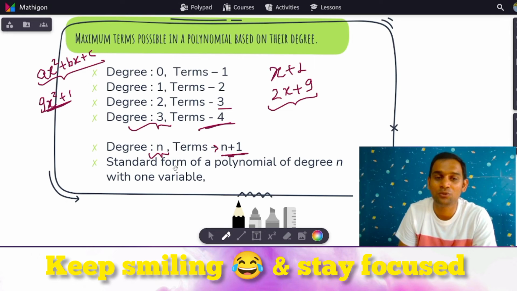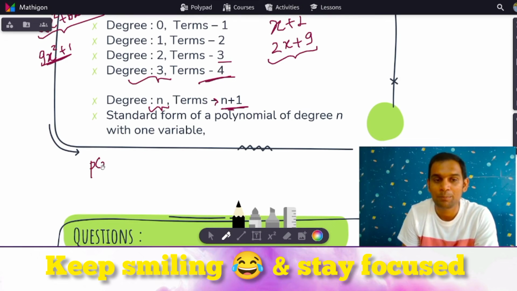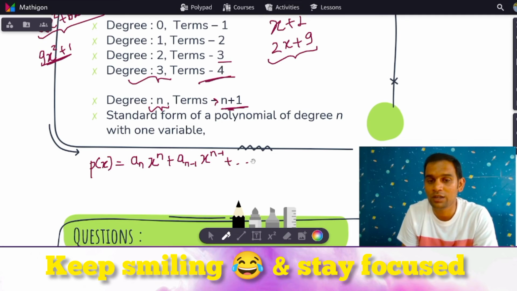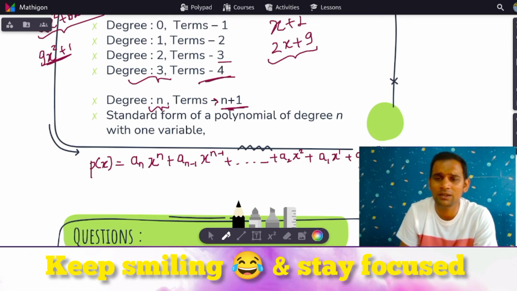Right? So if we have to write the standard form of a polynomial of degree n with one variable, how will you write it? We write p of x equals a_n x to the power n plus a_(n minus 1) x to the power n minus 1, and so on, a_2 x to the power 2 plus a_1 x to the power 1 plus a_0, because this one will be a constant term, as there will be no x. x to the power 0 is 1.